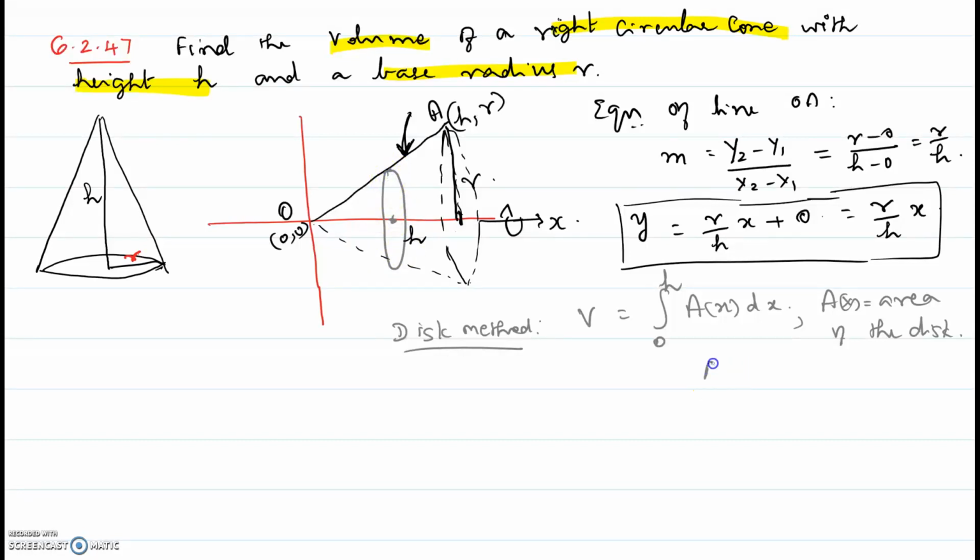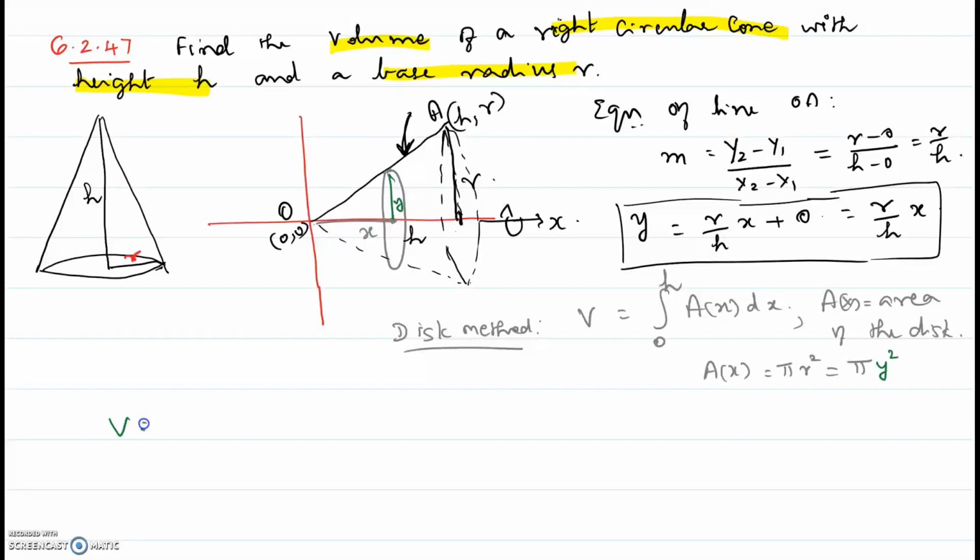So the area of the disk is equal to pi times r squared. If the horizontal distance is x, then the vertical distance is going to be y. That is the radius of the disk. y is the radius of the disk, so it's pi y squared.